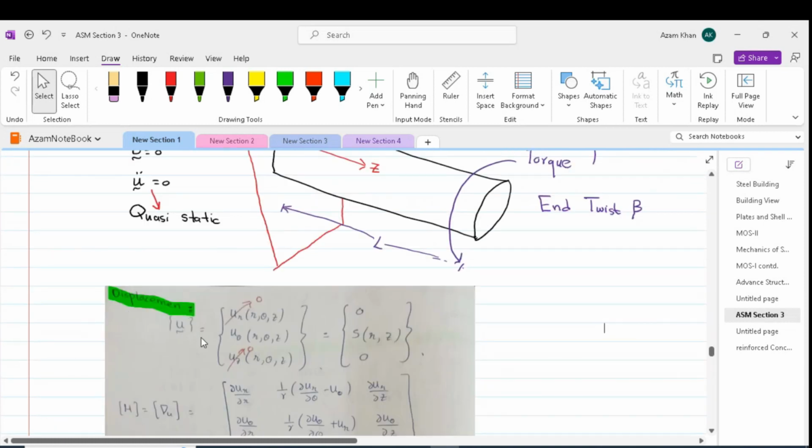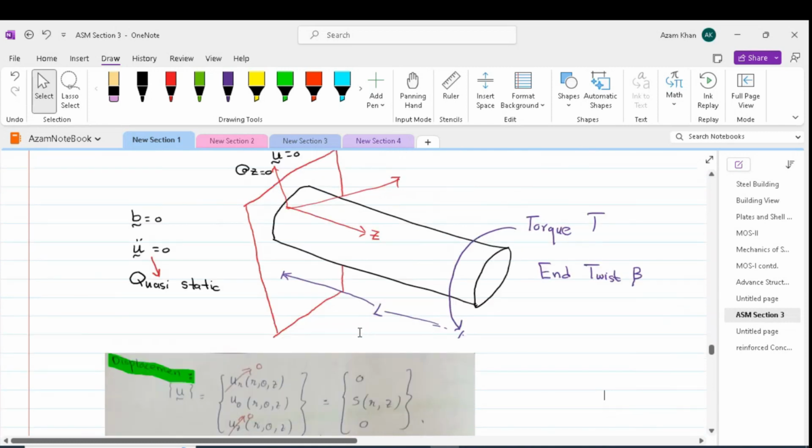The displacement vector comprises ur, which is the displacement along r direction, u theta being the displacement along the circumferential direction, and uz is the displacement in the longitudinal direction. All three of these displacements can be a function of r, theta, or z.